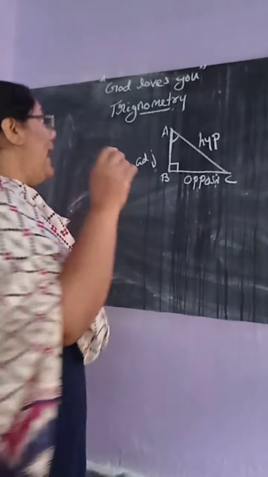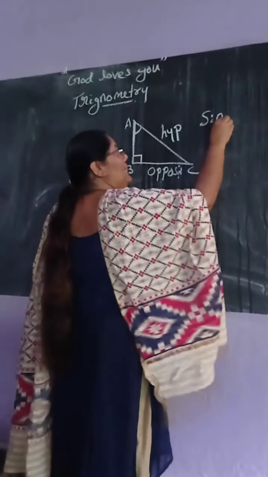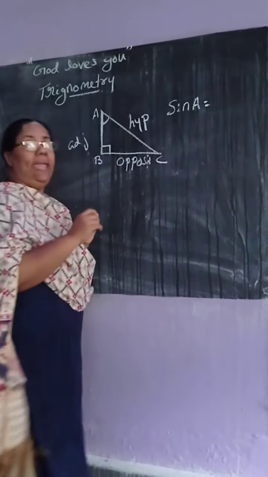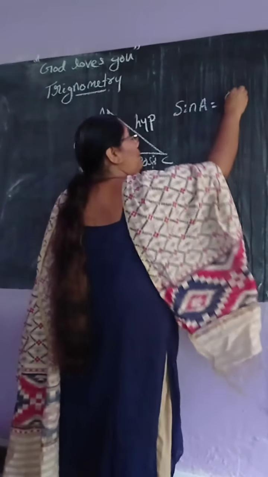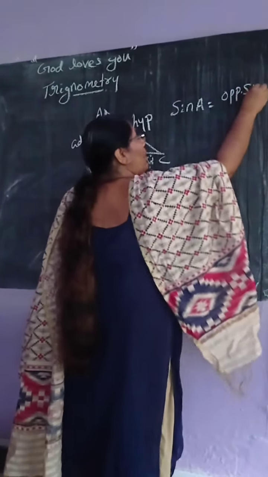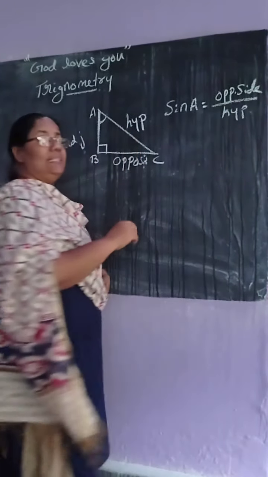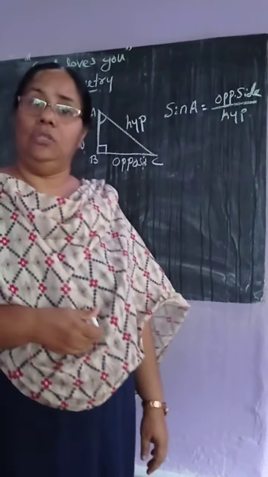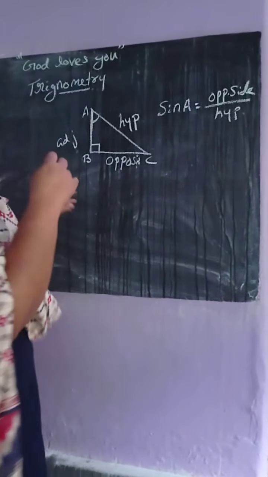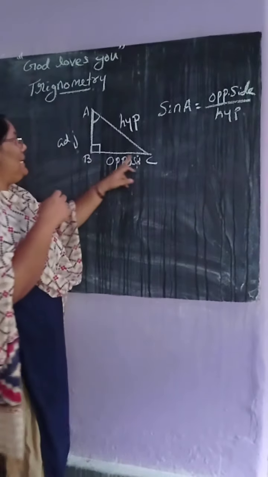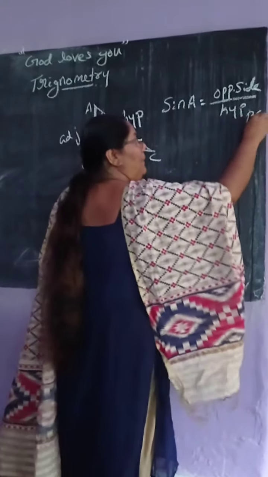If you select angle A, then sine A is equal to opposite side by hypotenuse. What's the formula? Sine A is equal to opposite side by hypotenuse. What is the opposite side here? BC by AC.